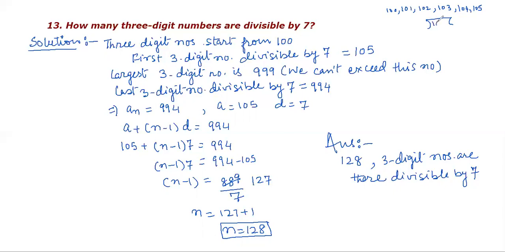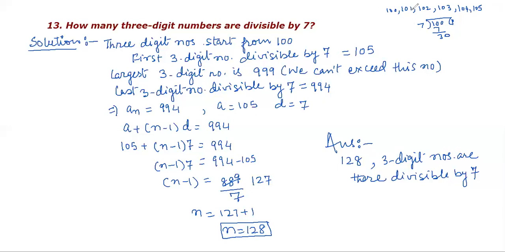If 100 is divided by 7, 7 ones are 7, you are left with 30. Now you know that if it is 35, then only you are able to divide completely by 7. So from here also you can say that it should be 105.